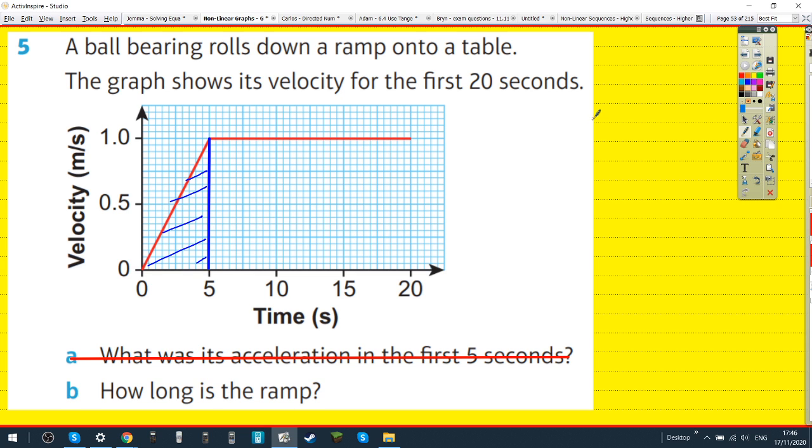So you do 5 times 1. Yep. And that's 5. And what do you have to do for area of a triangle? So a rectangle is base times height.